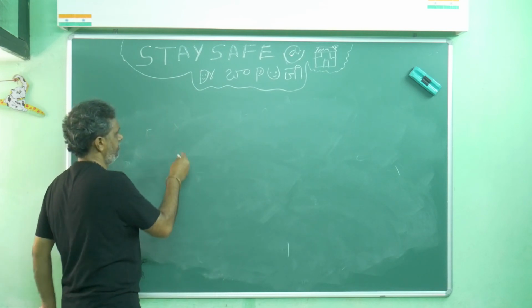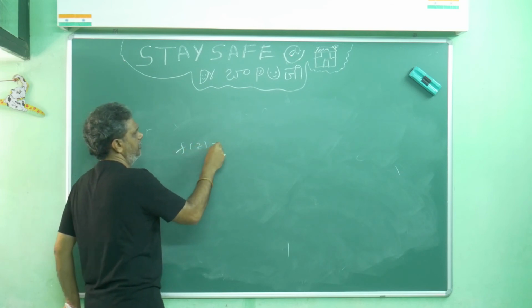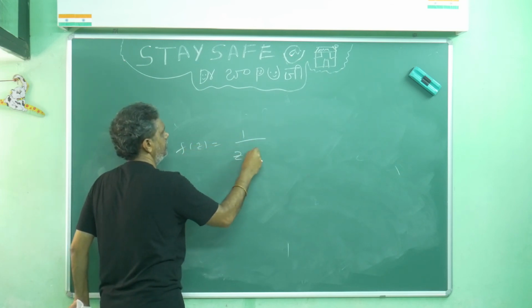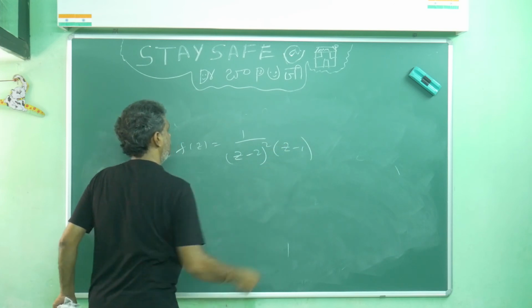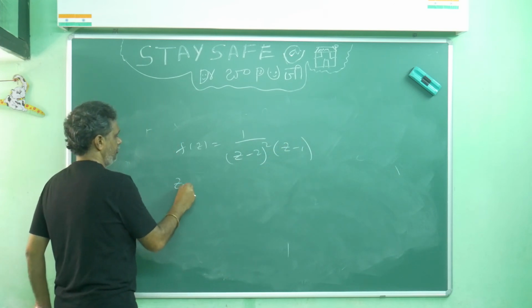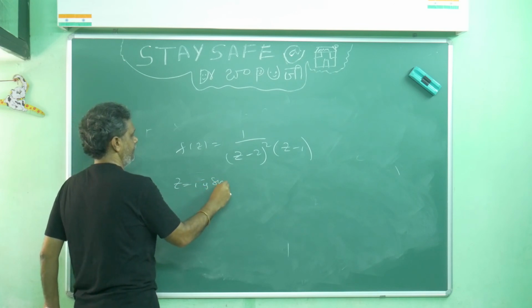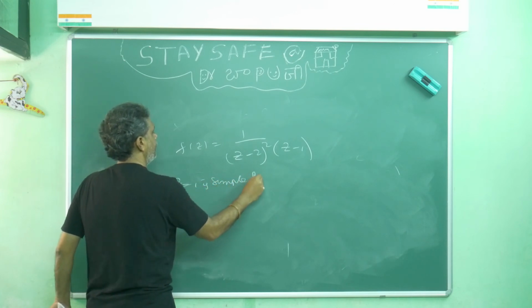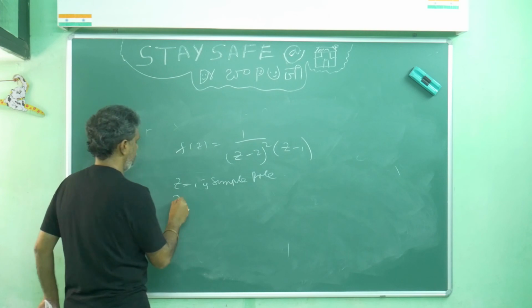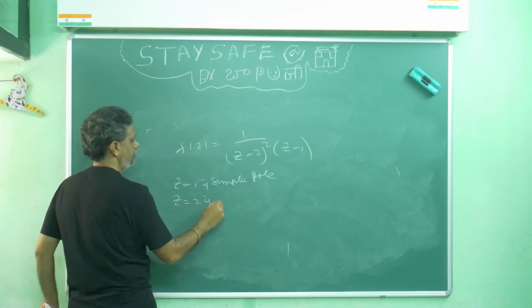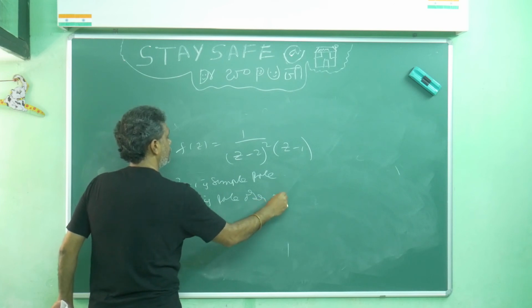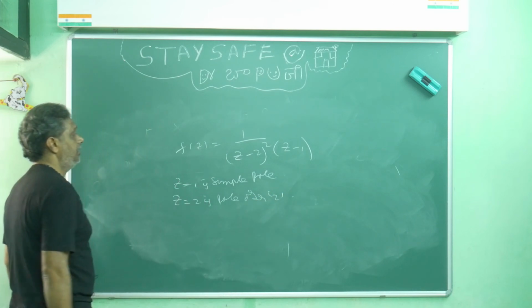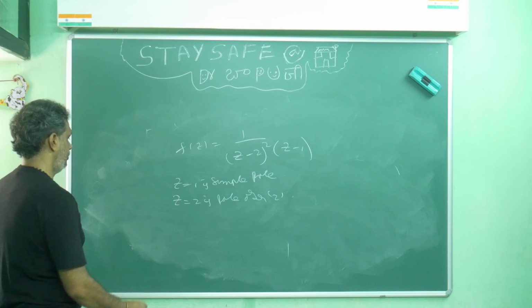I am taking an easy problem. While doing the problem, I will do 1 by z minus 2 whole square, z minus 1. So here z equal to 1 is a simple pole. Z equal to 2 is a pole of order 2. Now I will follow the simple pole first.